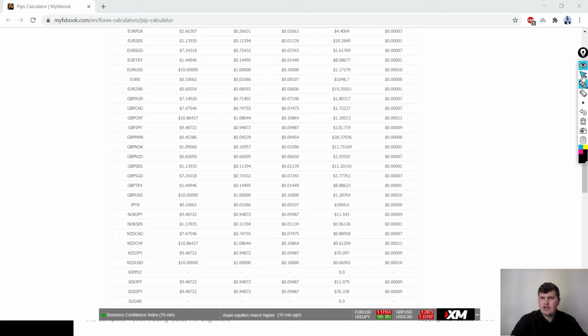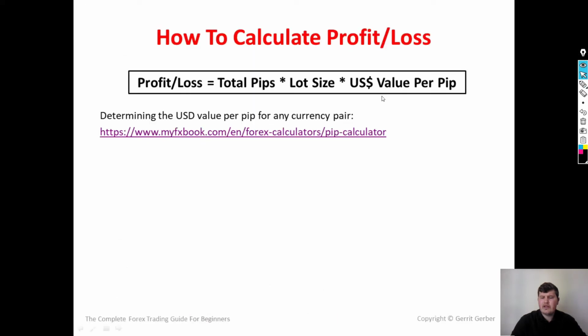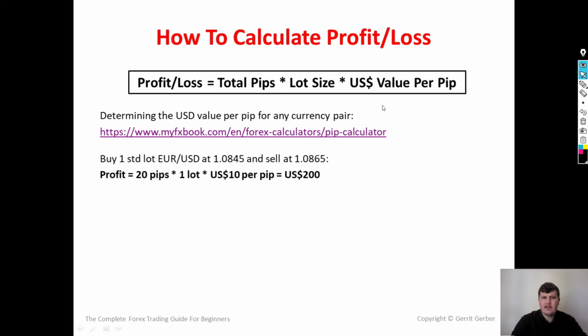Now, going back to this equation, I decided to show you guys two really simple examples of how I calculated my specific profit and loss. The first is we are going to buy one standard lot of Euro USD, and this is the chart.